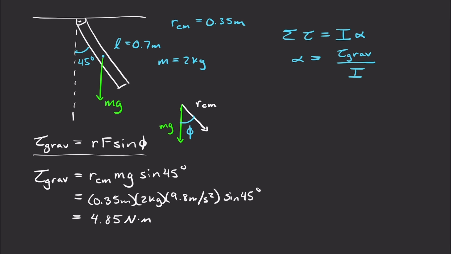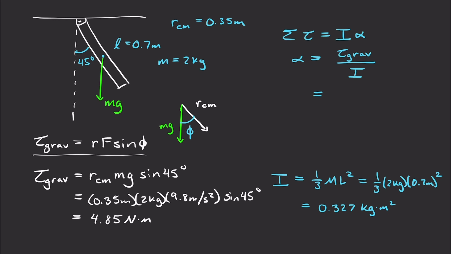If you want, you could go ahead and find the moment of inertia. It's a thin rod rotating about an axis at its end, so that's given by 1/3 ml squared, which is 1/3 times 2 kilograms times 0.7 meters all squared, or 0.327 kilogram meter squared.